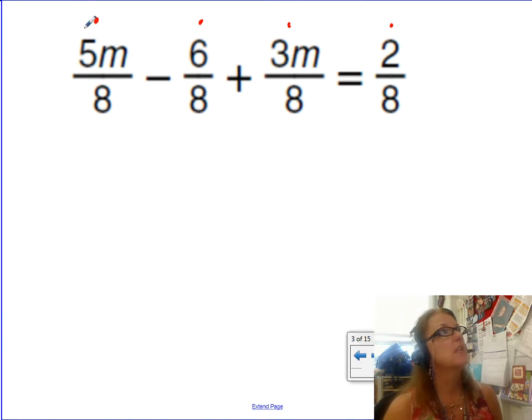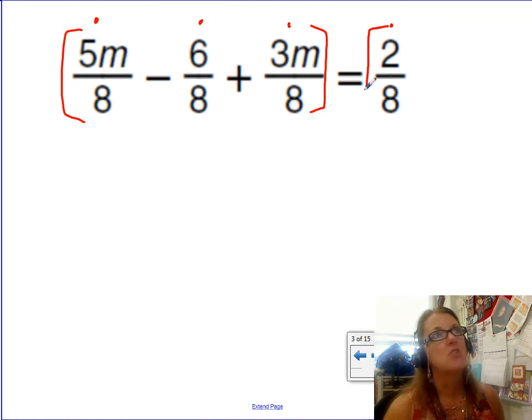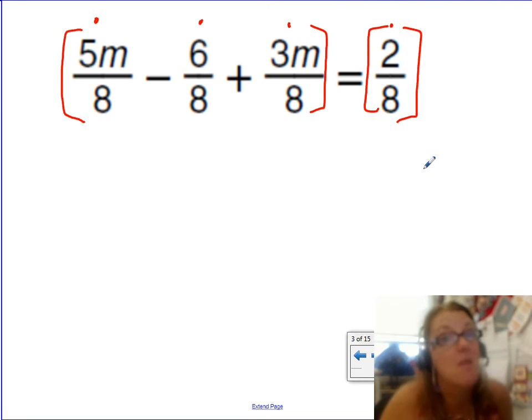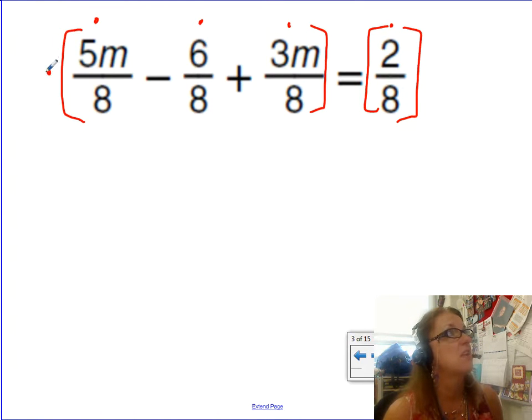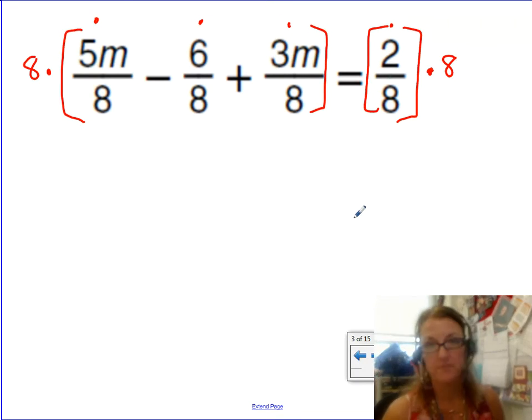It is perfectly legal for me to multiply each side of the equation as long as I multiply each side by the same thing. I'm going to strategically choose to multiply by whatever's in my denominator, namely 8. So I'm going to multiply this side by 8, and I'm going to multiply this side by 8.